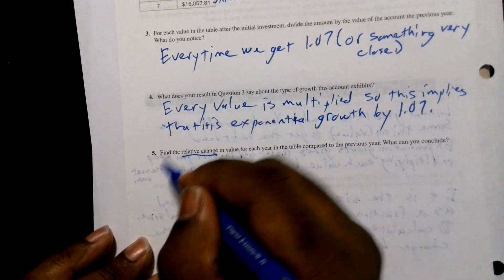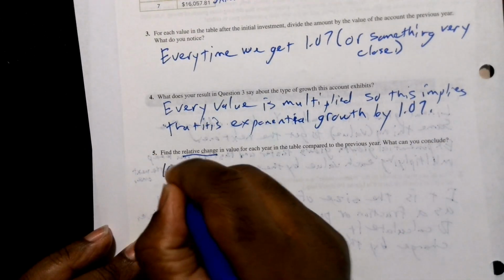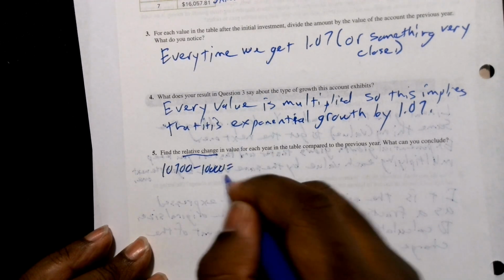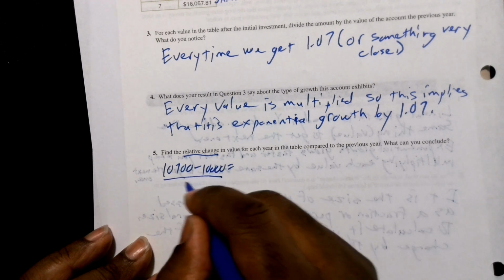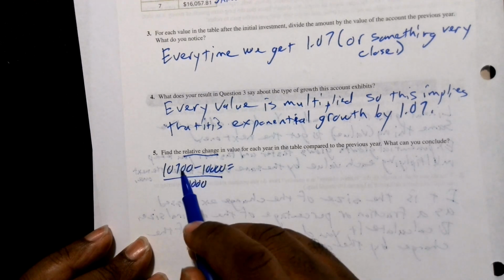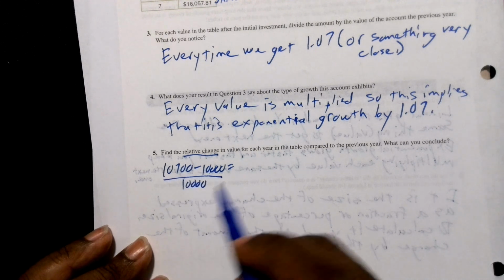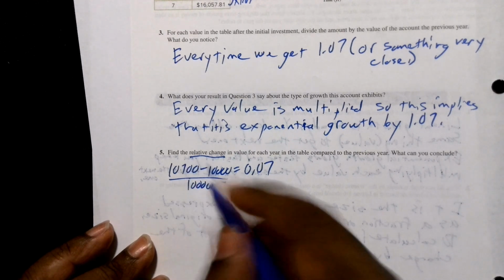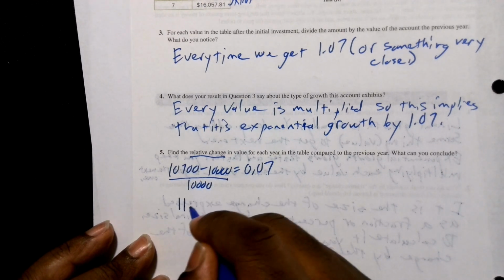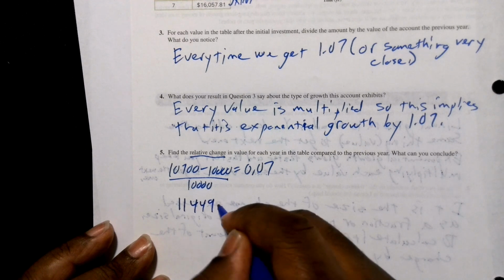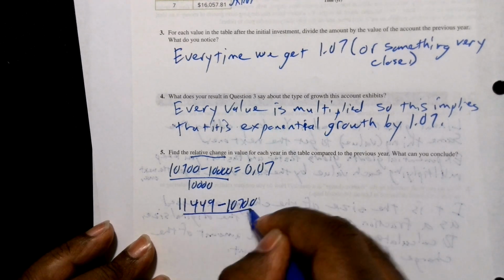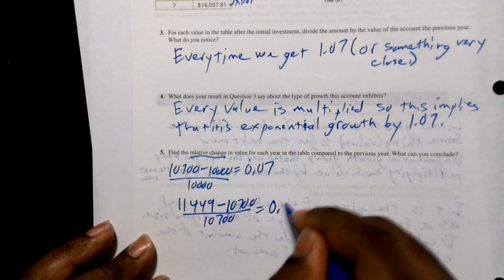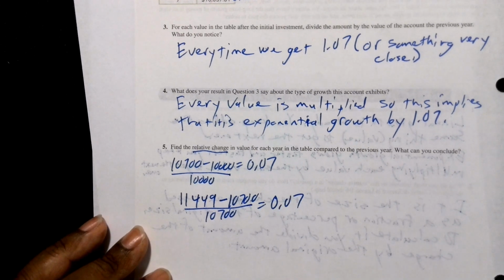And so when we subtract this, we would have 10,700 minus 10,000, which is equal to, well, actually it's supposed to be divided by 10,000 as well. Because remember, it's new minus original divided by the original. So it'd be 0.07. And then we would do the same thing, 11,449 minus 10,700 divided by 10,700. It still would give us 0.07 when we put it in our calculator.